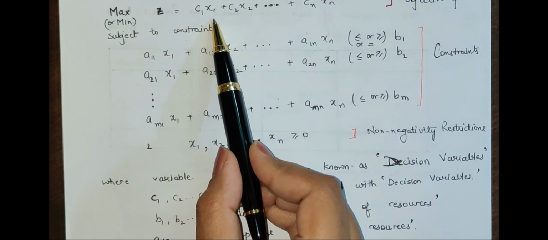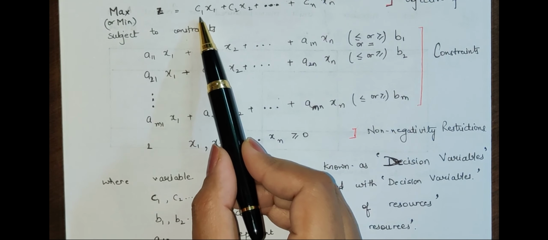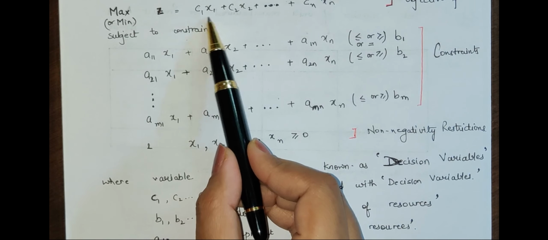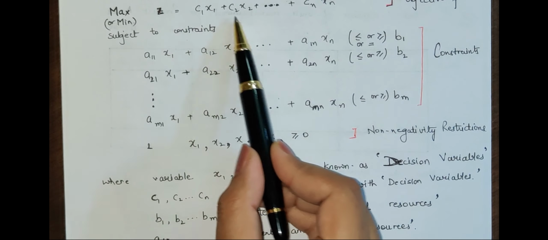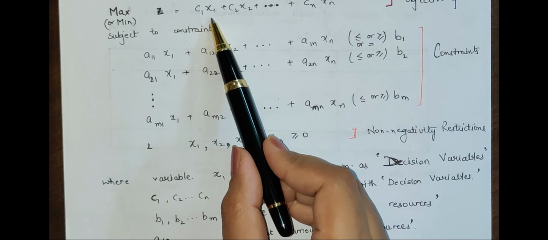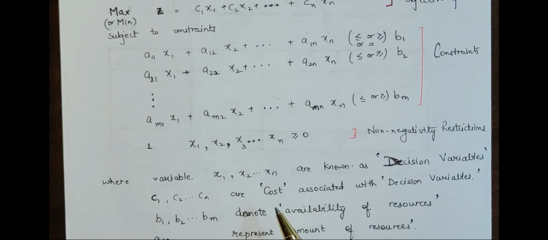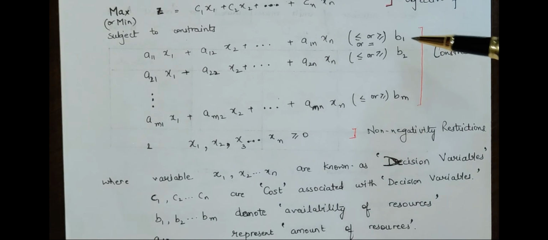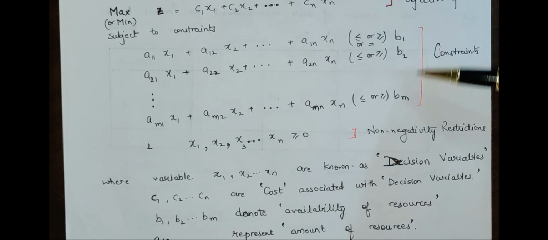Next, if you see the objective function again, there is a constant which is multiplied by each decision variable: c1, c2, c3. These are basically the coefficients of the decision variables, and we also call them the cost associated with the decision variables. Next is my right hand side, where I have b1, b2 till bm.